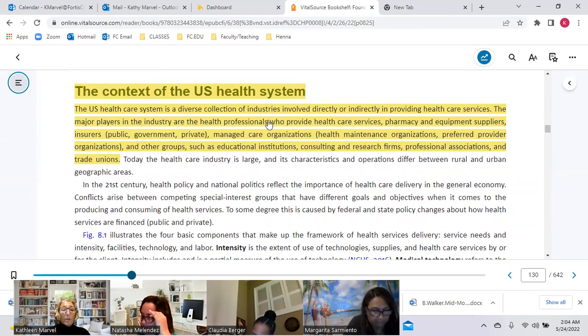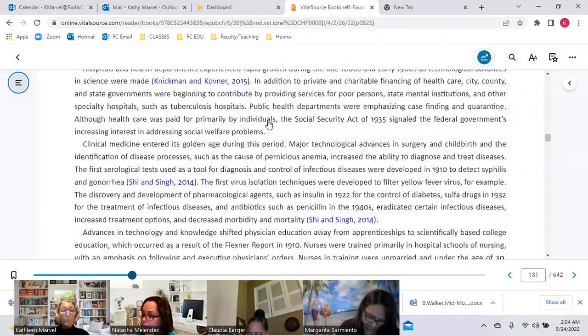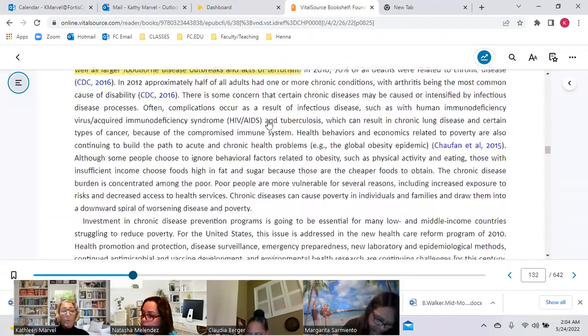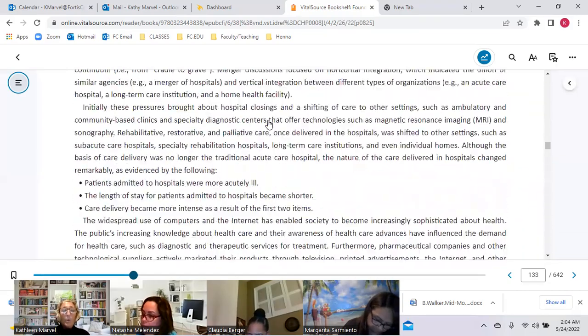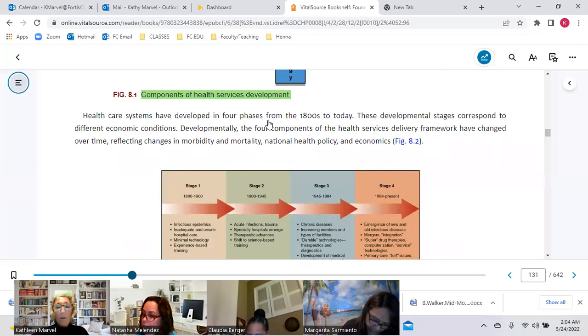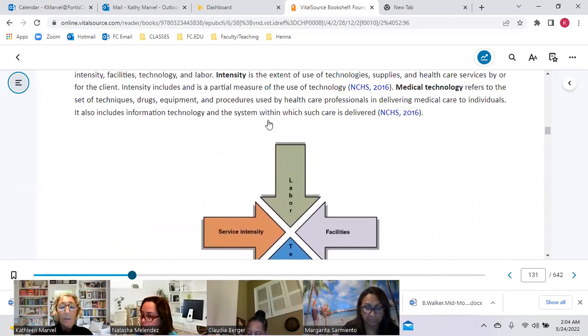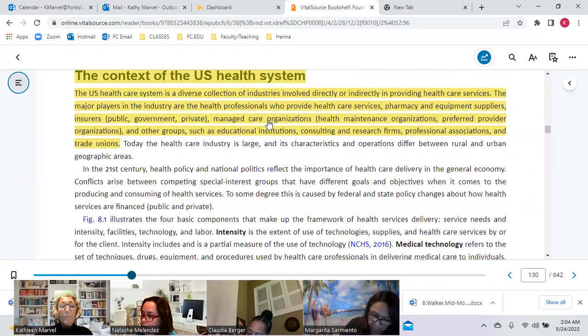So this is the makeup of the US healthcare system. It goes through five stages, you don't need to know what all these stages are, but just know that the US healthcare system is a diverse collection of industries involved directly or indirectly in providing healthcare.